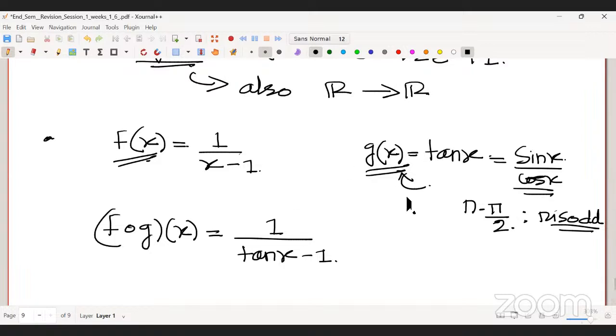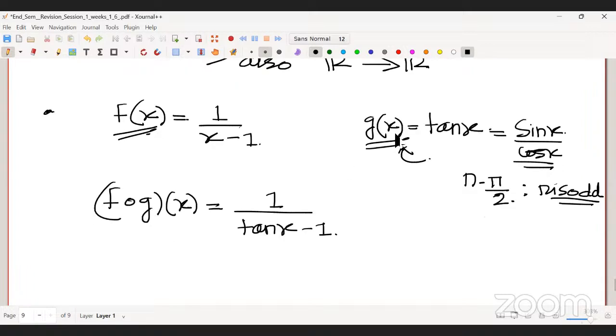So what are the points which are not in the domain of g of x? These are the points which are not in the domain of tan x, right? Yes.